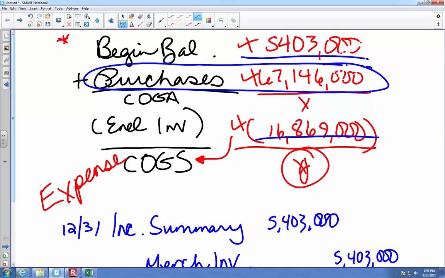Secondly, here's your adjusting journal entries for inventory. And when you do your closing entries, purchases has got to close out. It's a debit type account, so you're going to close it out with all your other expenses, right? Credit all the expenses and debit income summary. And when you do that, all three of those numbers are going to end up in income summary, and that is going to be COGS.